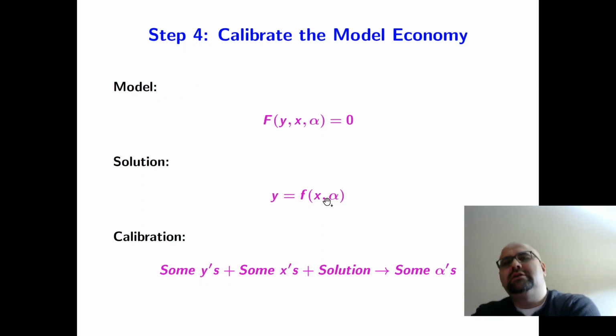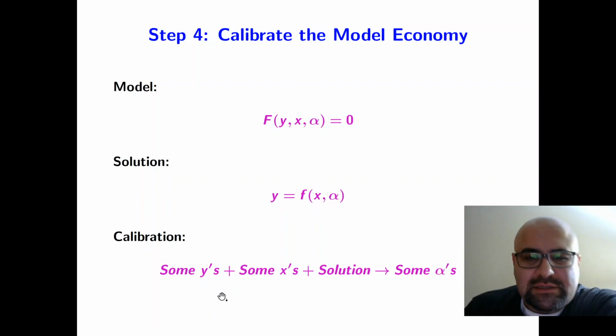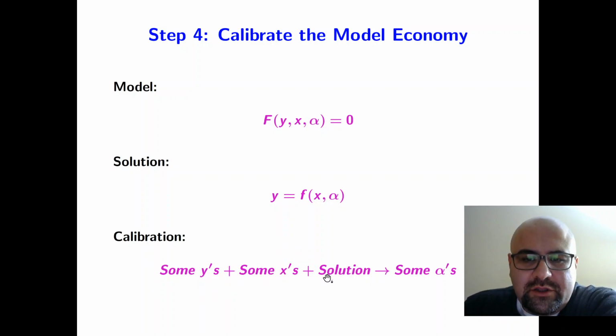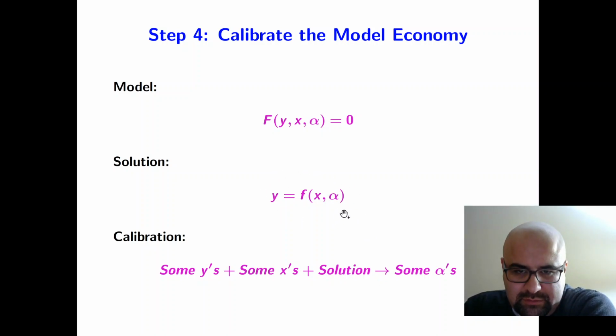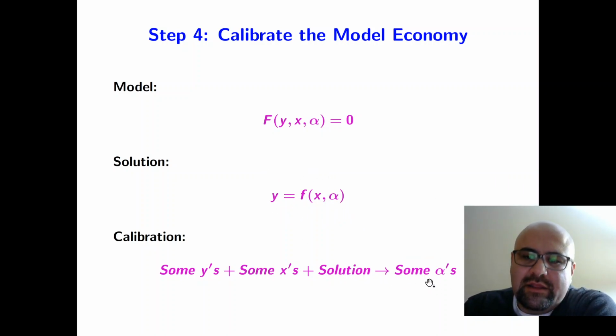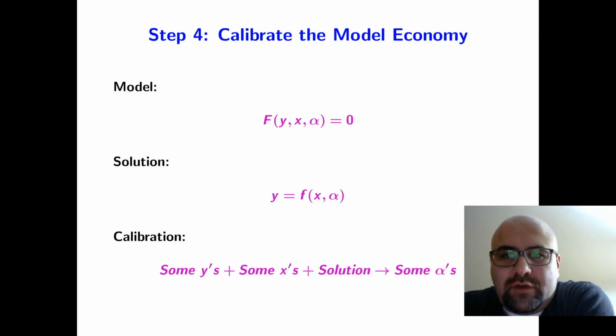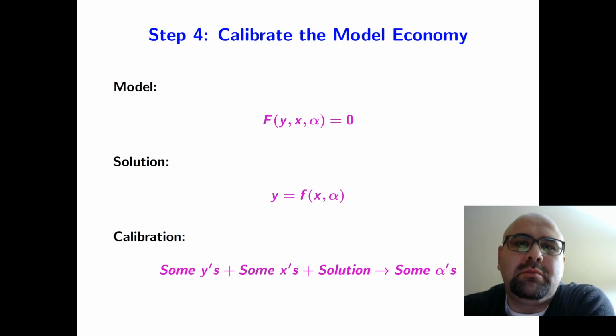Calibration in this abstract framework means that we use some observed values of endogenous variables and some observed values of exogenous variables, together with the solution of the model, which is basically the equilibrium relationships, and then we end up with some values of alphas. Not all of them in most practical examples, but some of them will be obtained this way.